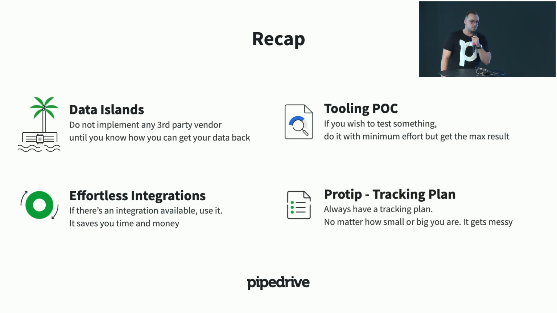And one good pro tip, which I didn't really mention, but still, having a tracking plan. No matter how big or small you are, it always gets messy. You may find yourself in a situation where you have 1,000 events and you don't really find use for them. You don't know what's happening.